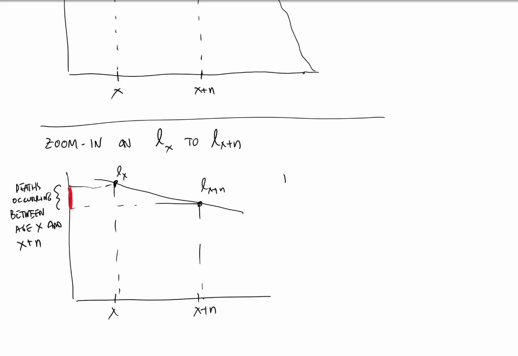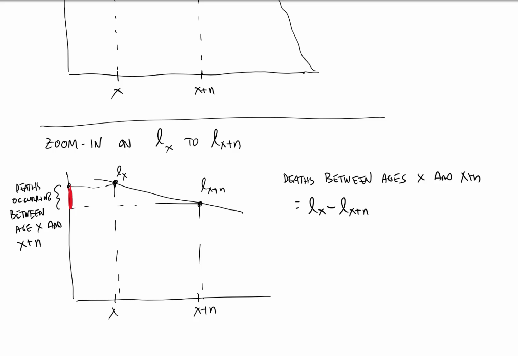So that is the deaths between ages x and x plus n, that vertical red spot. You can see it, it's Lx minus Lx plus n.